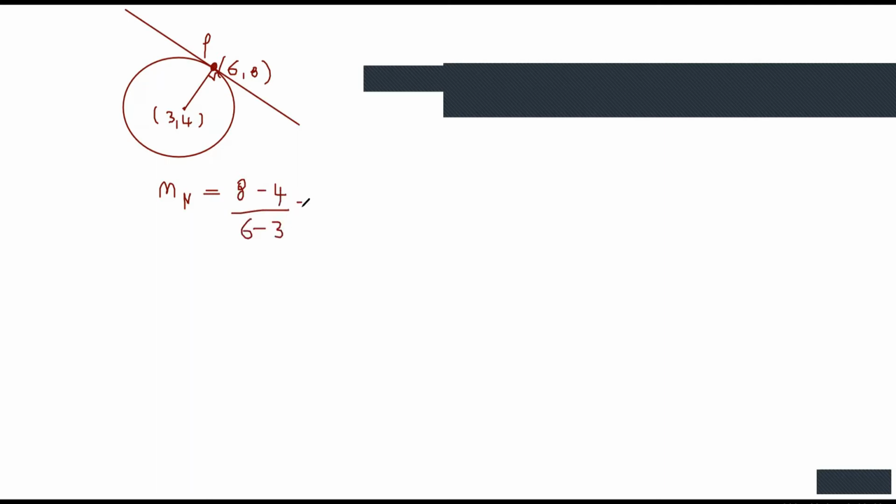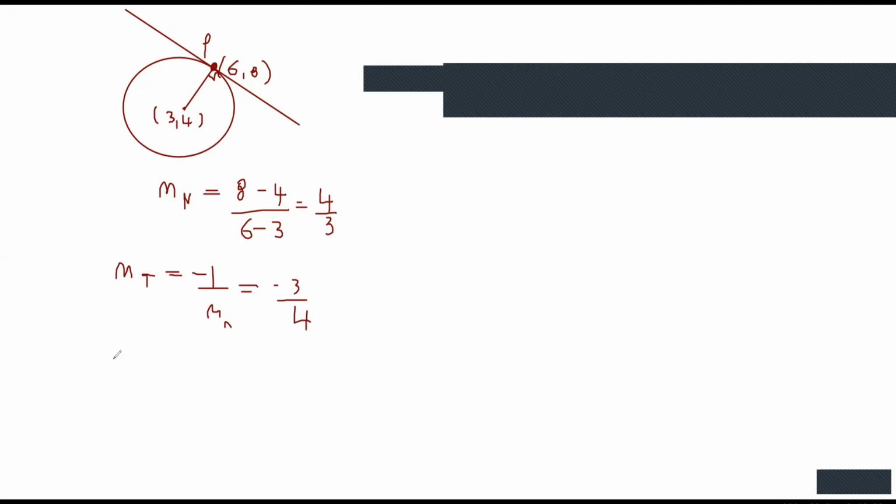That will tell you that the gradient of the normal is 4 over 3. Since this is the gradient of the normal, the gradient of the tangent is minus 1 over the gradient of the normal. So the gradient of the tangent is negative 3 over 4.